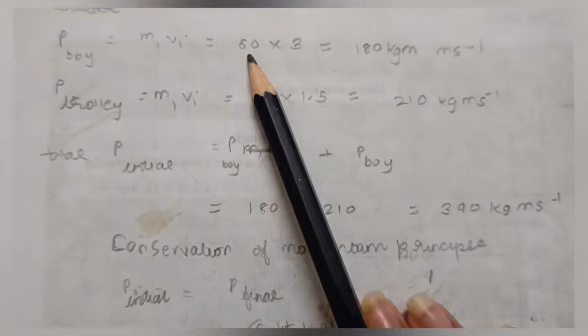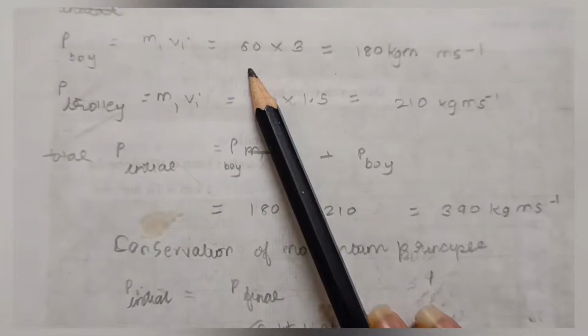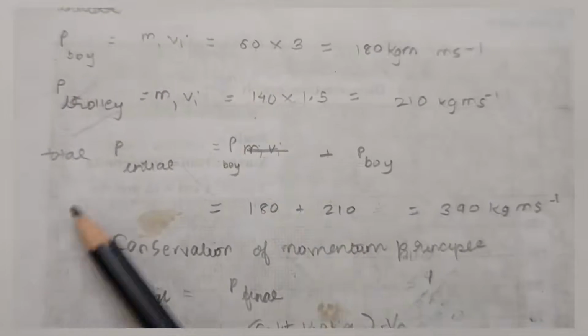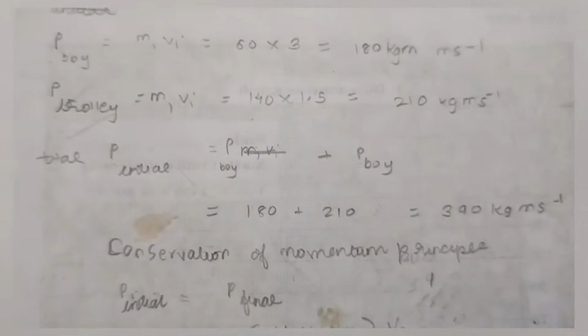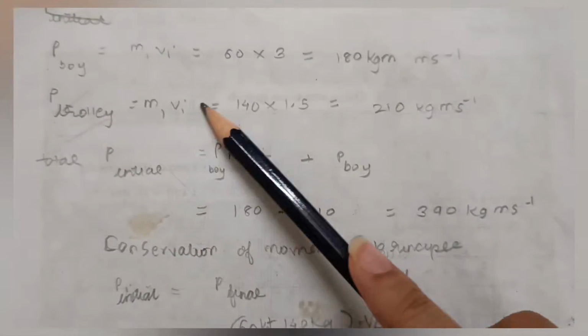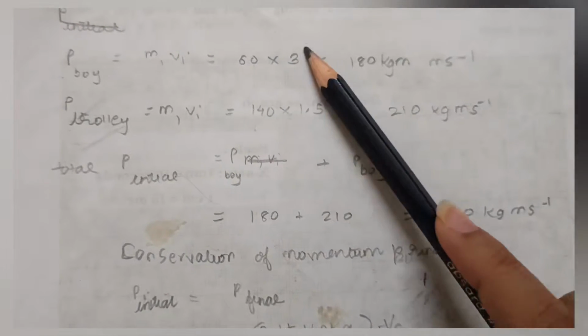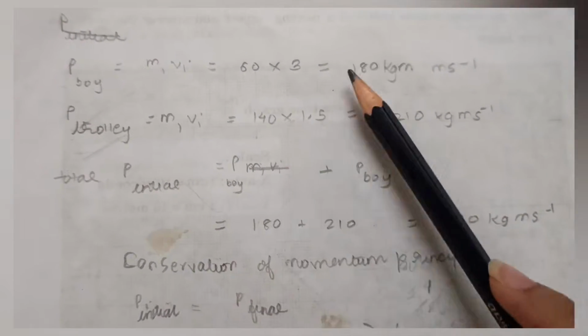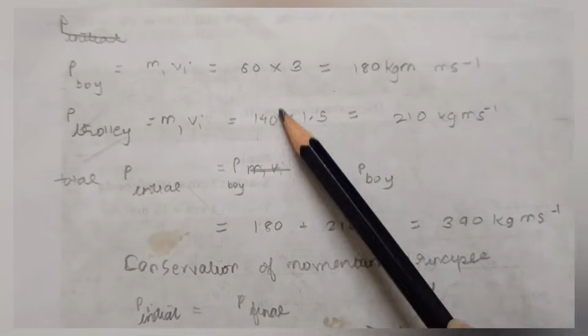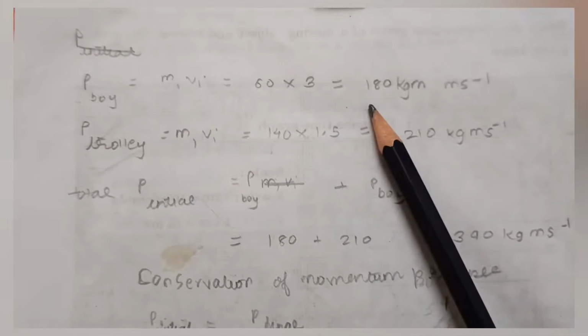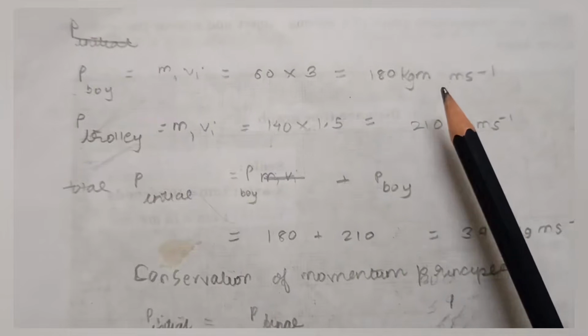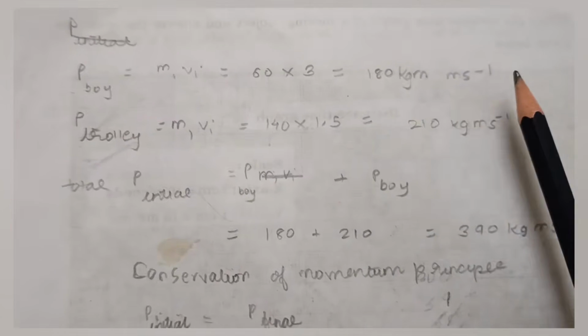The mass of the boy is 60 kilograms, and the initial velocity before jumping onto the trolley is 3 meters per second. After multiplying these two terms, we get 180 kg m s^-1.